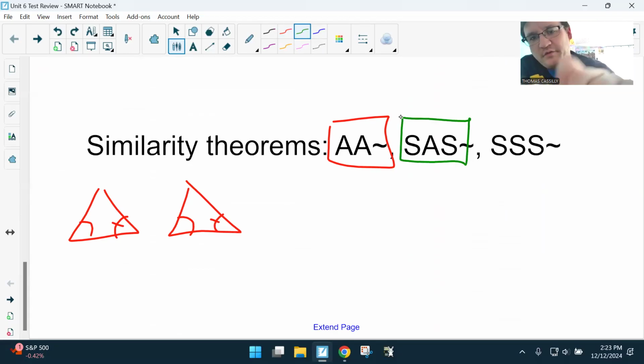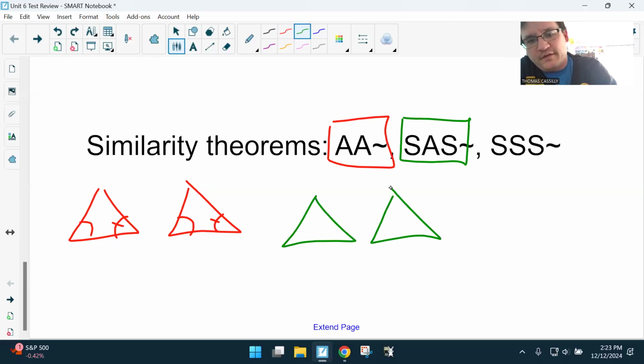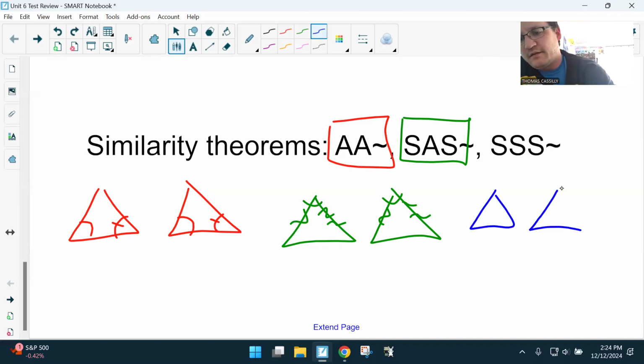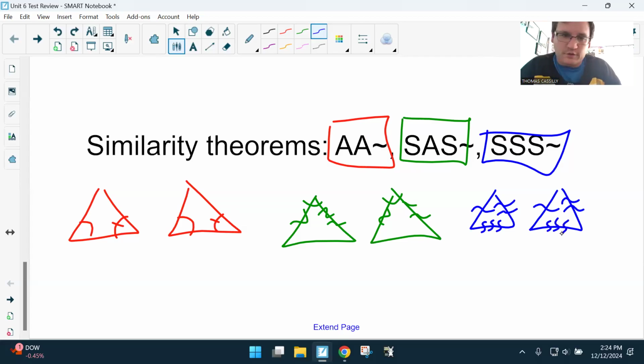I have the side angle side theorem that says if 2 sides are proportional and one angle between them is congruent, the triangles are similar. And then the last one is the side theorem, which basically says if I have 3 corresponding sides that are proportional, then the triangles themselves are similar.